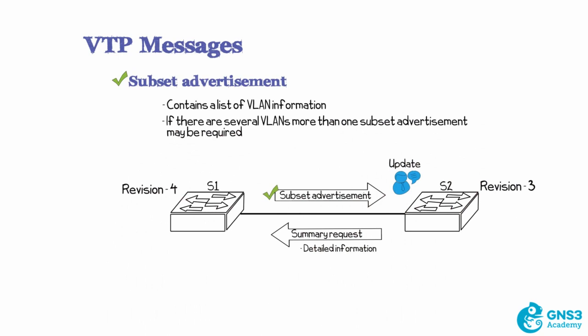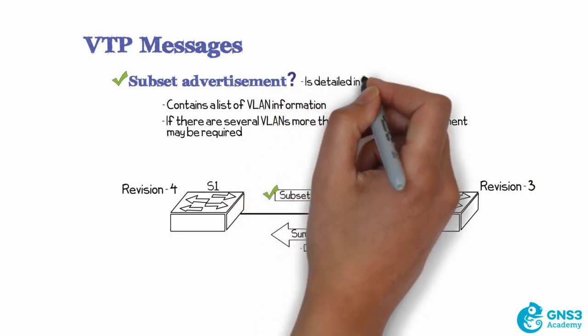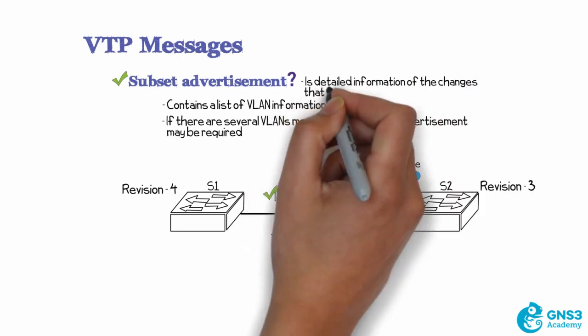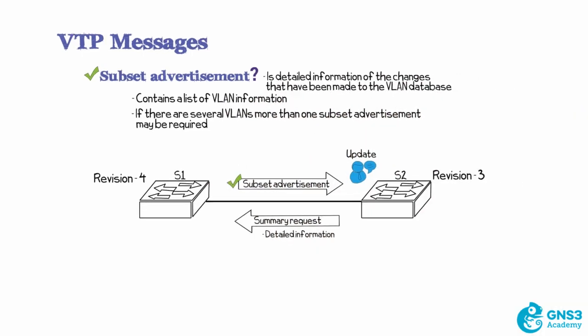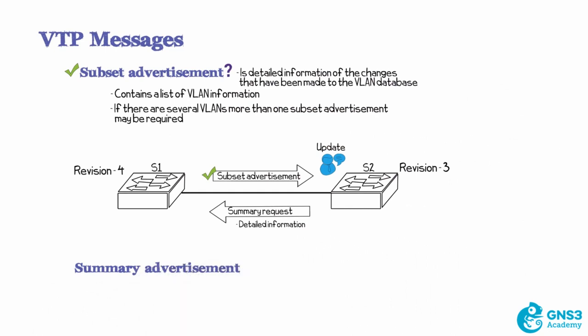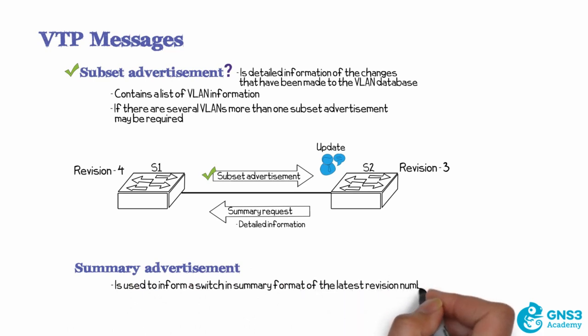So essentially, a subset advertisement is detailed information of the changes that have been made to the VLAN database on the switch with the latest revision number. The summary advertisement is used to simply inform a switch in summary format of the latest revision number in the VTP domain.